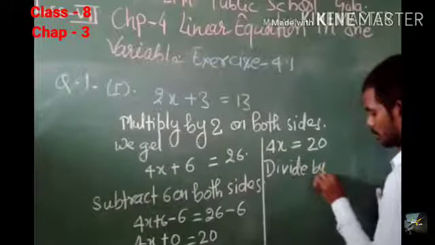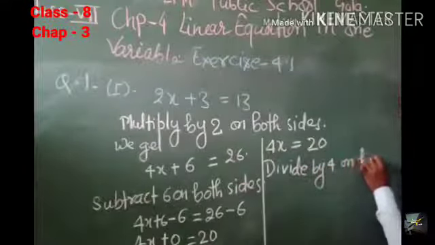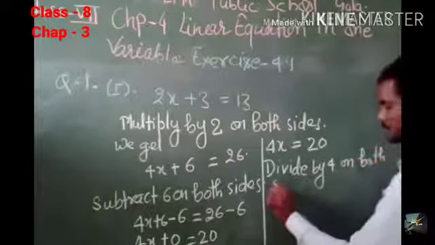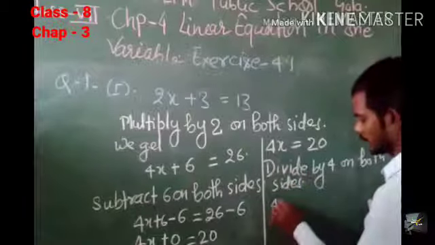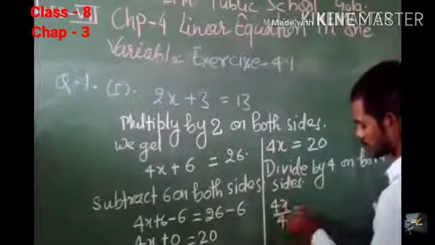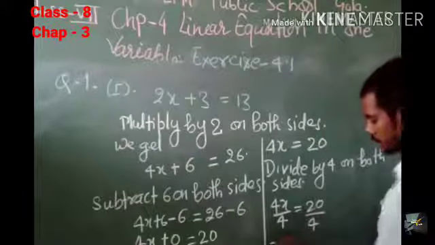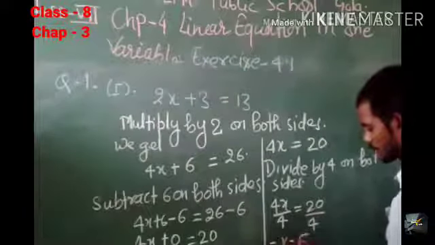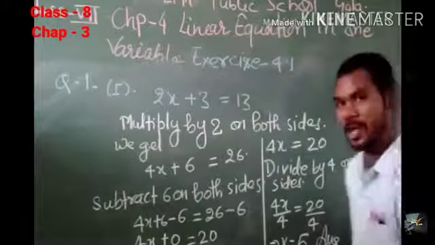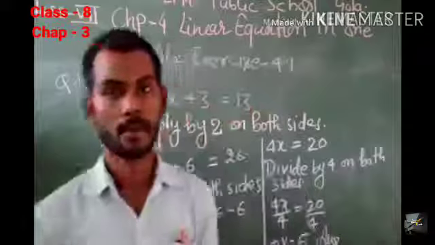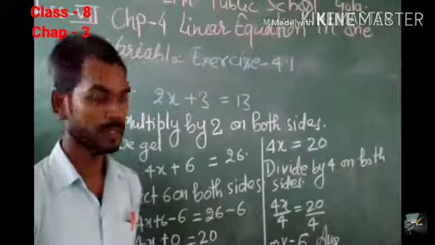We have 4x upon 4 is equal to 20 upon 4. This gives x is equal to 5, which is the required solution of the given problem. I hope you understand everything very much.